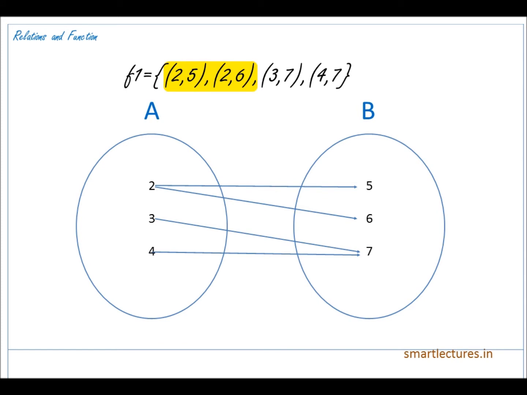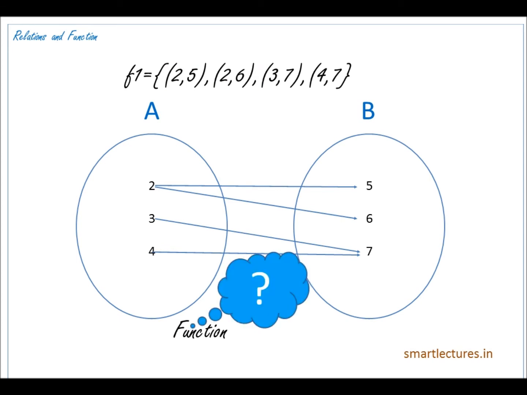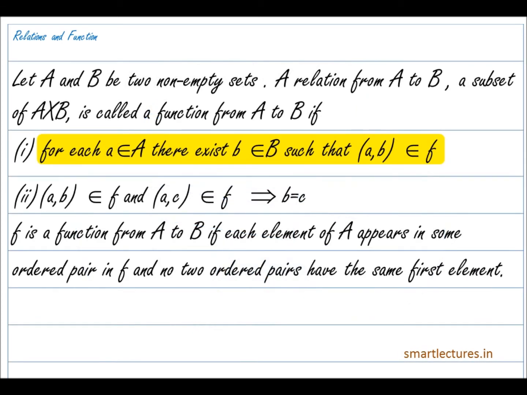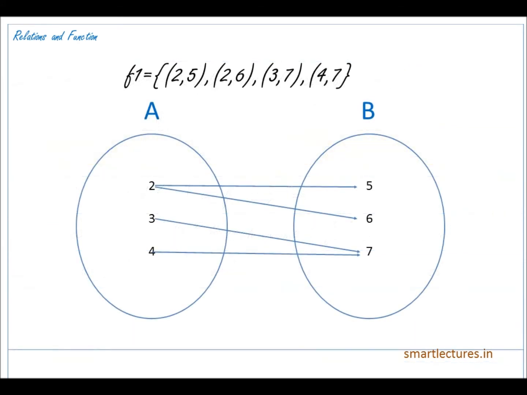Now let's check whether it satisfies all the conditions to be a function. The first condition is, for each element a which belongs to set A, there exists an element b which belongs to set B. So here you can see all the elements in set A, 2, 3 and 4, have an f image in set B. That means the first condition is satisfied.